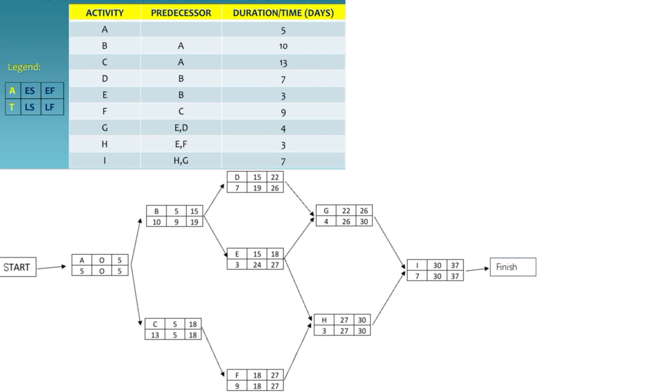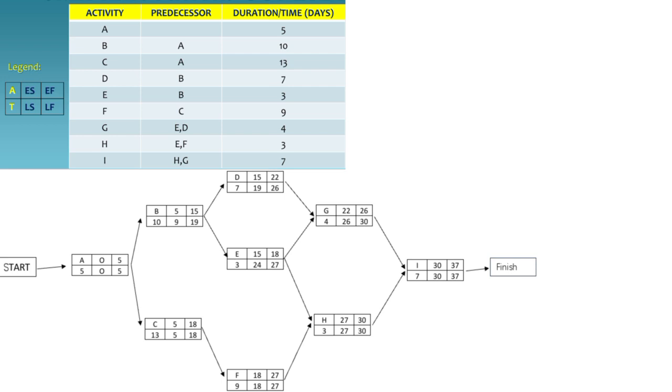Activity E. The late finish for activity E is the late start of its immediate successor, which is activity H with late start of 27. The late start for activity E is calculated as LS equals LF minus duration, equivalent of 27 minus 3 equals 24.